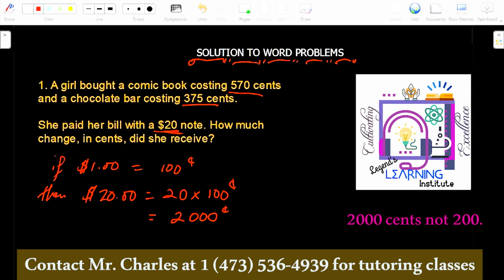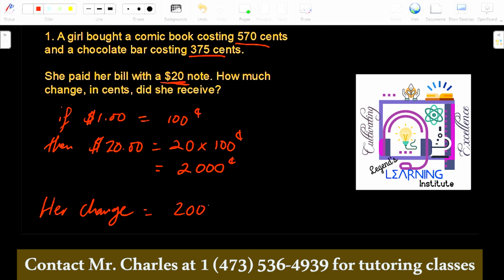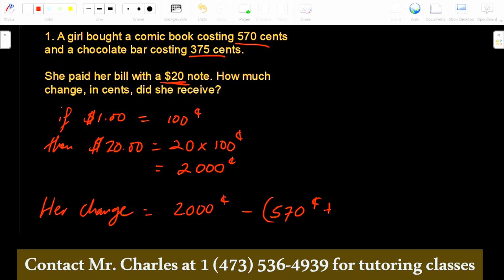So her change would be equal to 2,000 cents subtract, and I'll put the sum in brackets, 570 cents plus 375 cents.